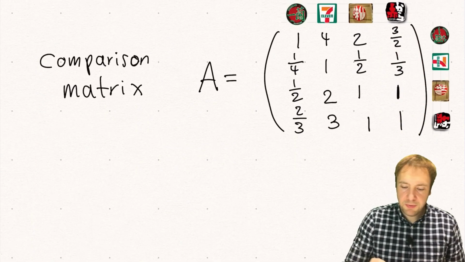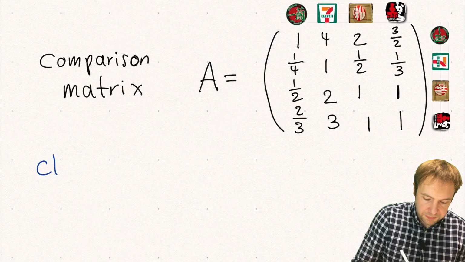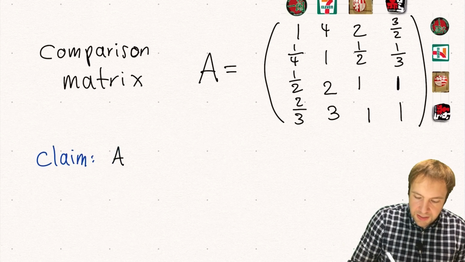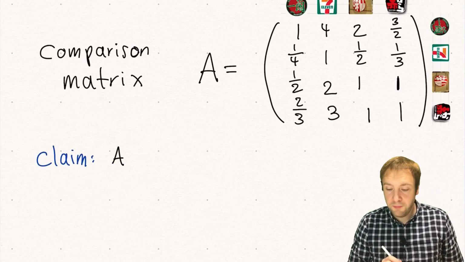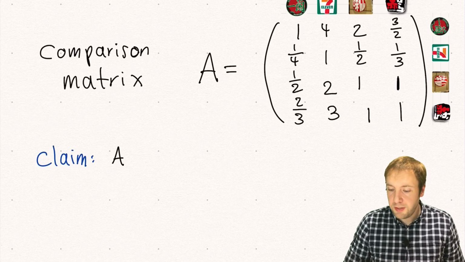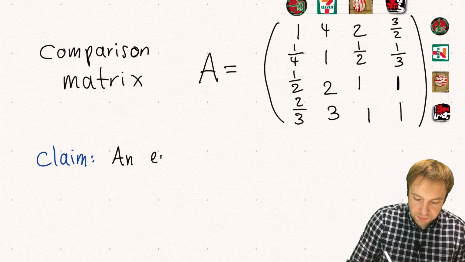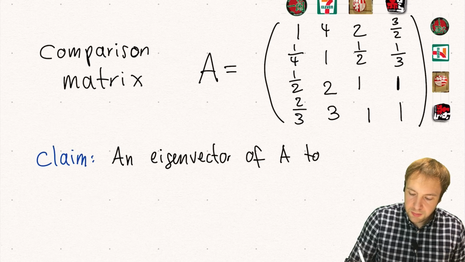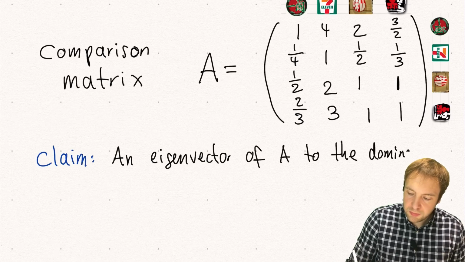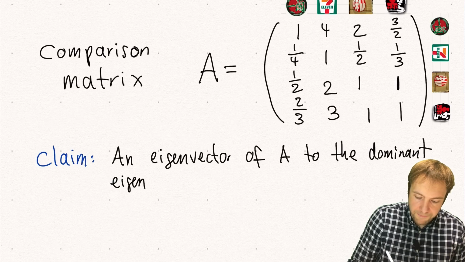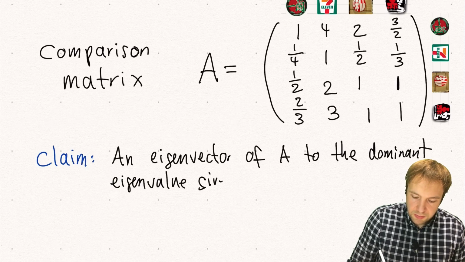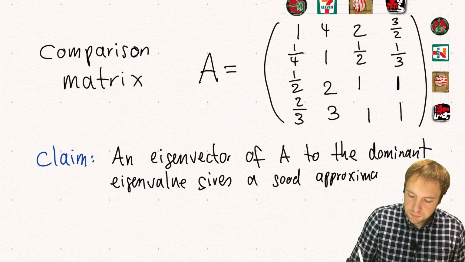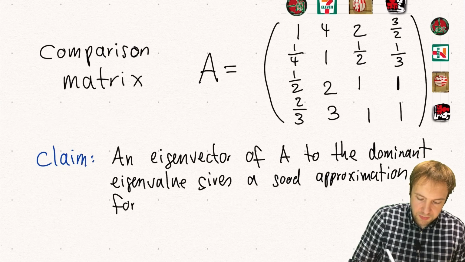And now the claim is that an eigenvector of A to the dominant eigenvalue gives a good approximation for a ranking of these.